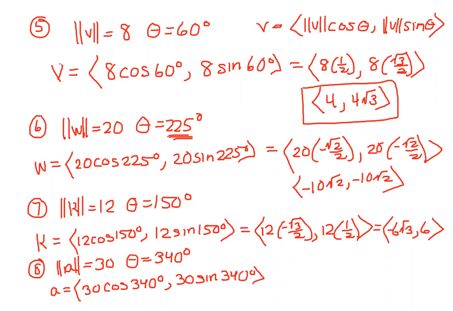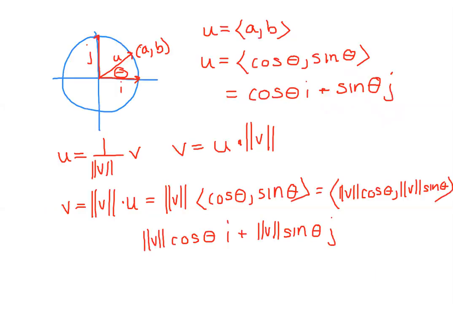You're just going to put that all in your calculator and you're going to get 28.19, negative 10. I'm sorry. Number 8, the answer is 28.19, negative 10.26. So see if you can get that.